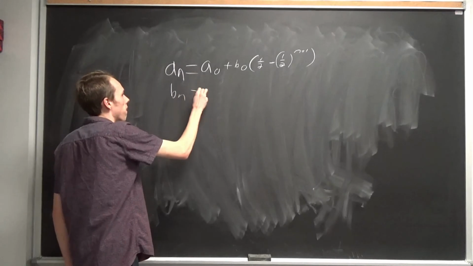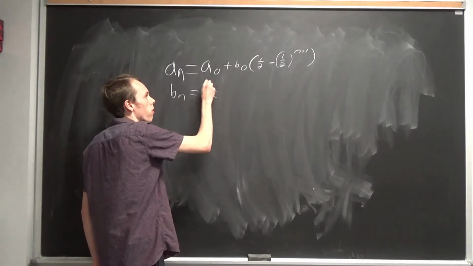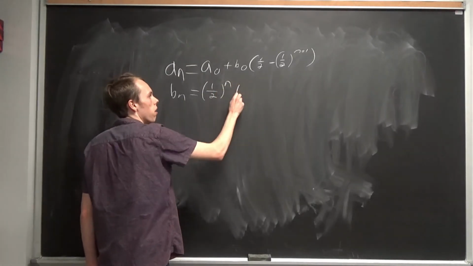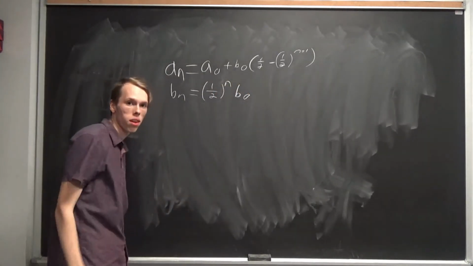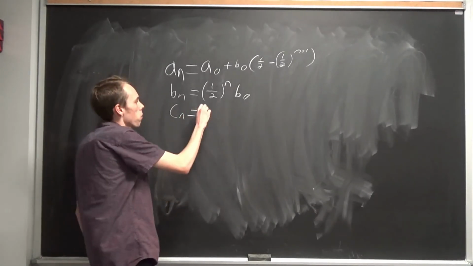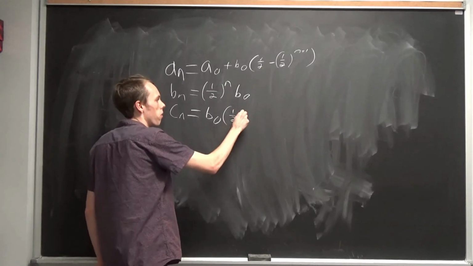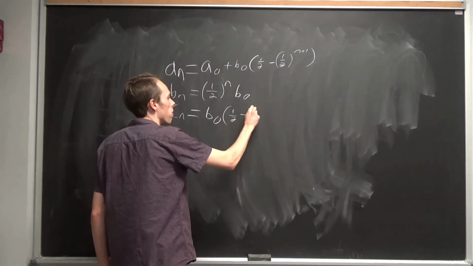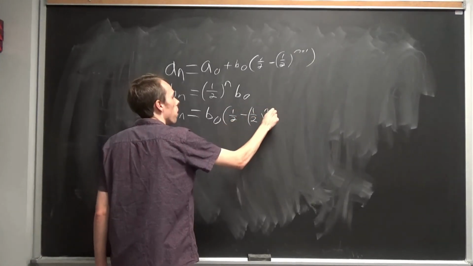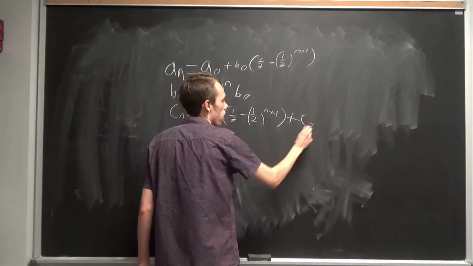B sub n is equal to 1/2 to the n times b naught, and c sub n is going to be equal to b naught times 1/2 minus 1/2 to the n plus 1 plus c naught.